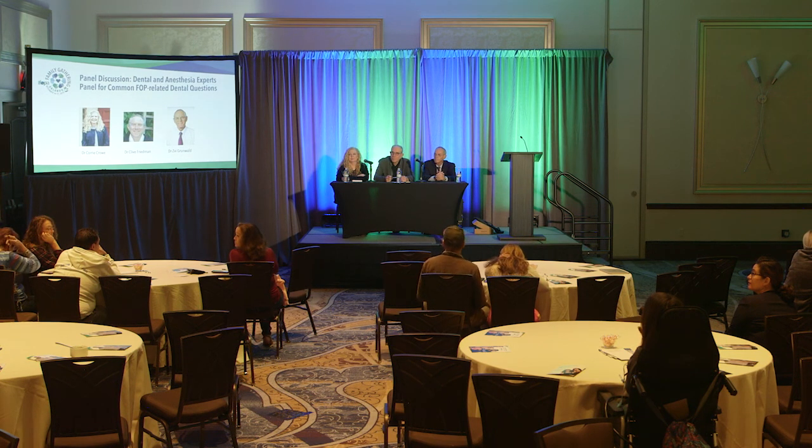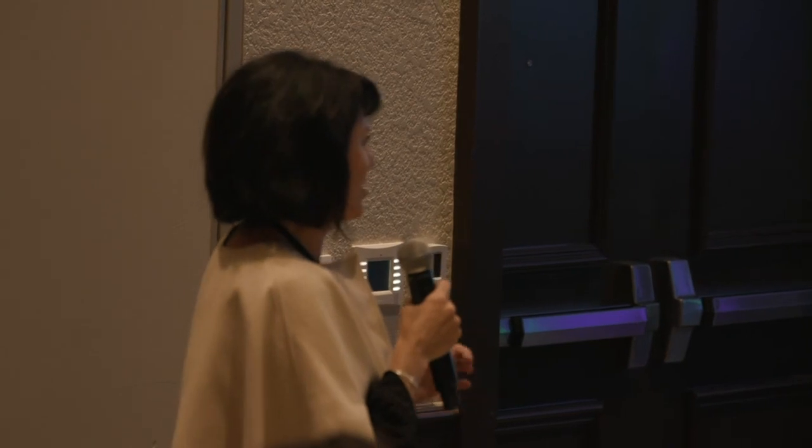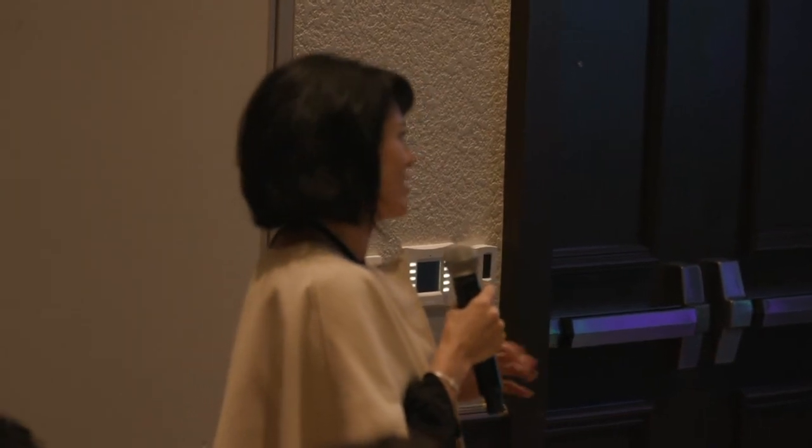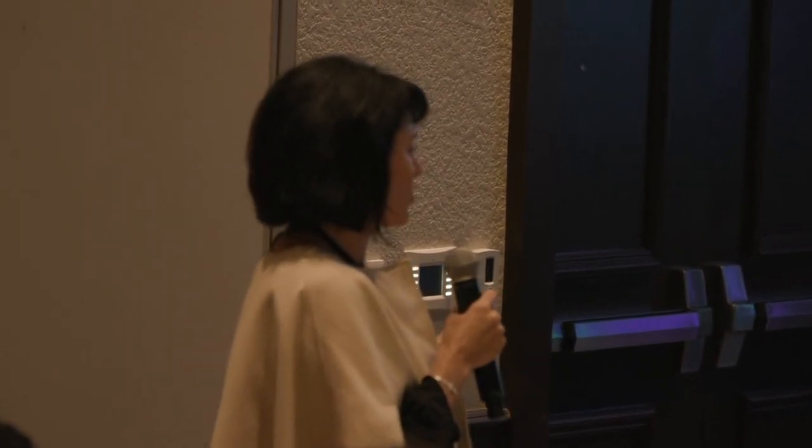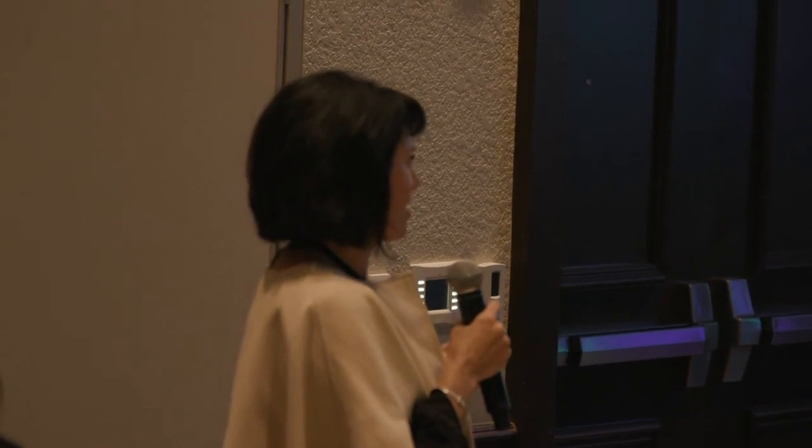Hi, I'm Leah from Australia, and obviously having the specialist here and learning all about FOP has been absolutely extraordinary. I have a little girl who's 2.5, so her teeth will be coming out. I have a two-part question: the teeth that come out, is it useful for FOP research?